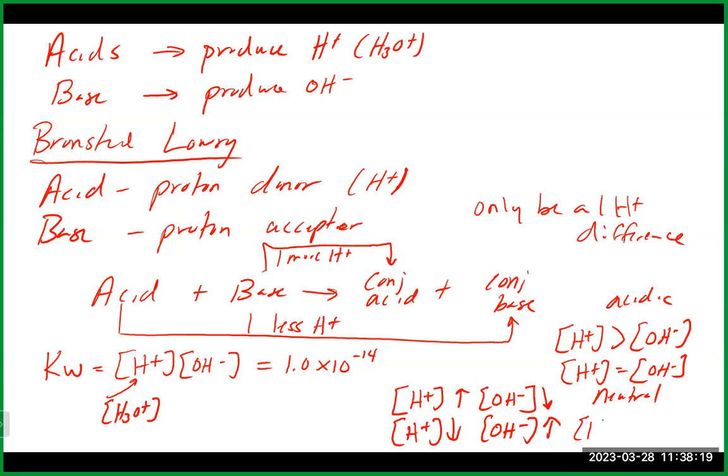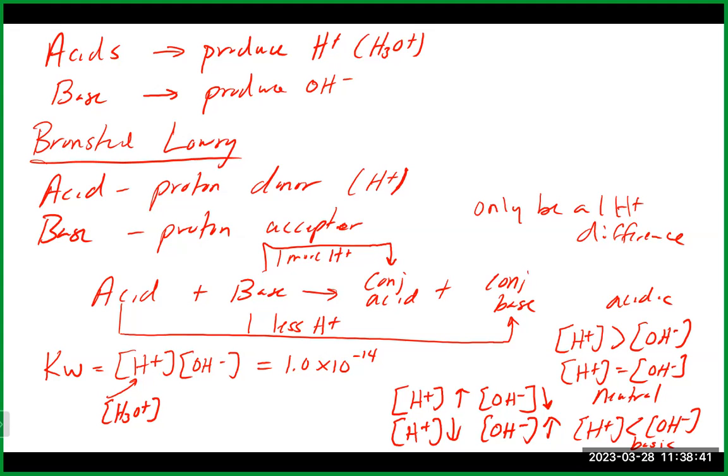And if our H plus is less than, or our OH minus is greater than, it would be basic. The good news is it is the same calculation regardless of which one you are calculating. You basically take Kw and divide it by the other concentration that's given to you.